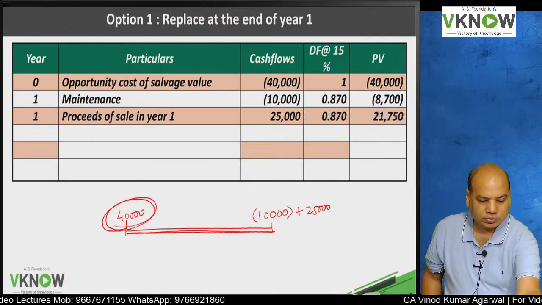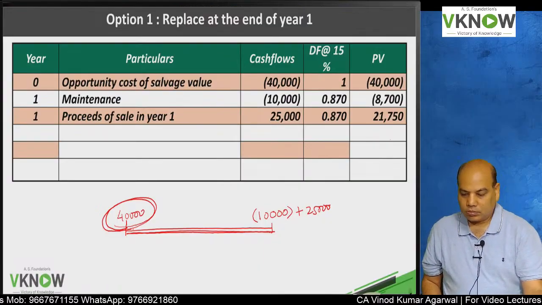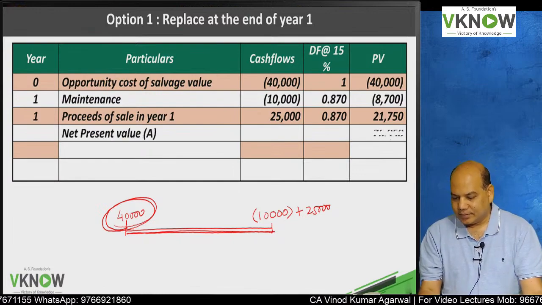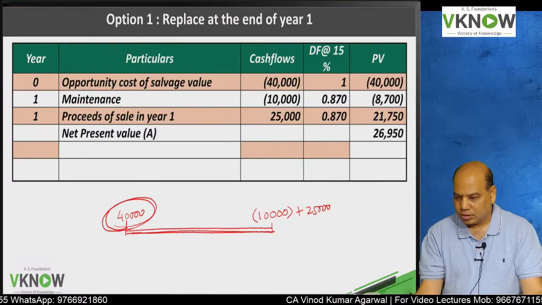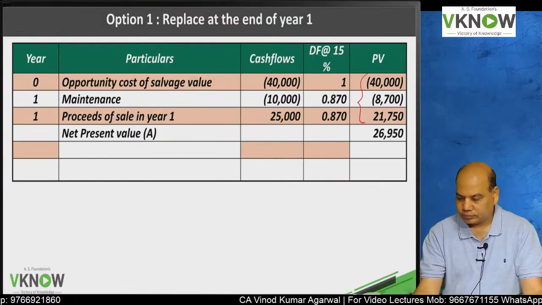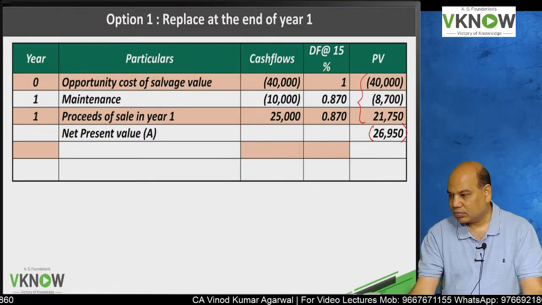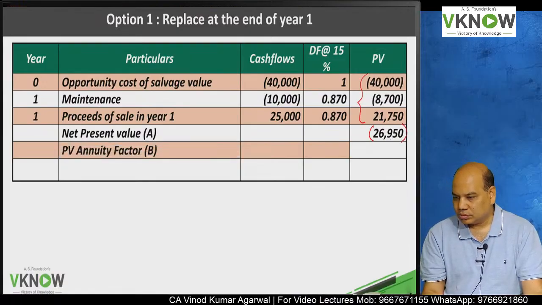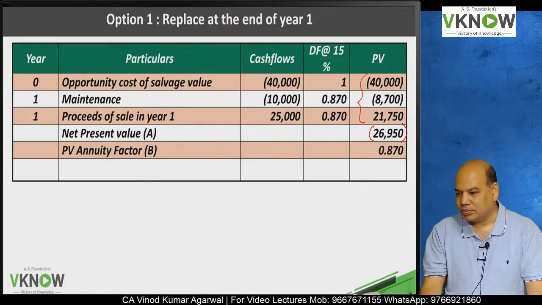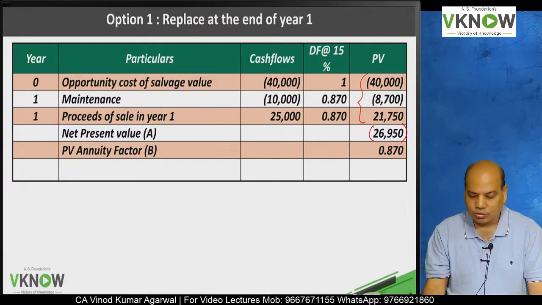Check the present value, 21,750 approximately. Net present value, total of these three numbers, 26,950. PV annuity factor, if it is a 1 year problem, annuity factor and PV factor will be the same, 0.870.